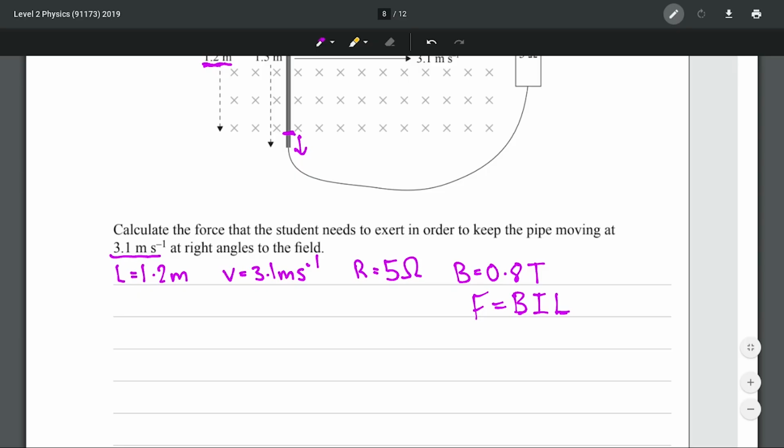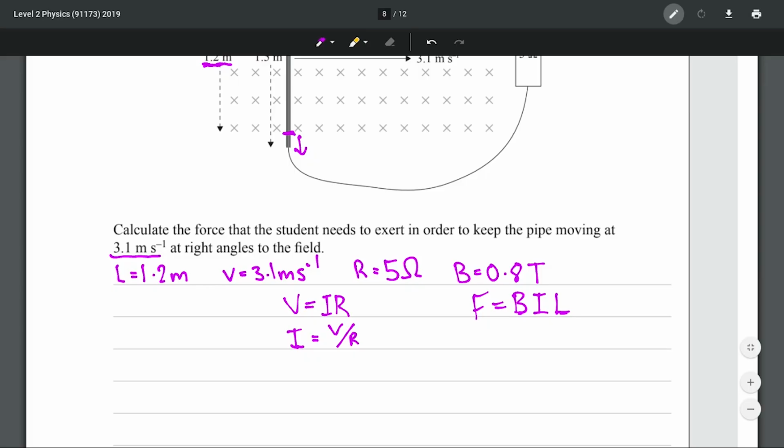So to find current, we're going to need to use V equals IR. Solving that for current gives us current is equal to voltage divided by resistance. But we don't know the voltage, so we need to now find the voltage.